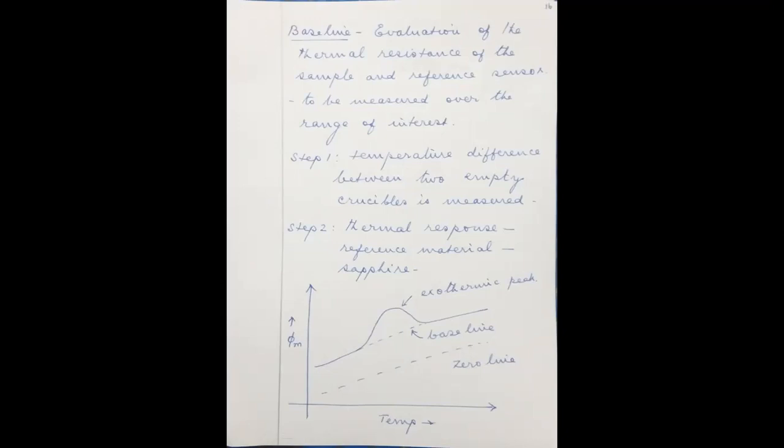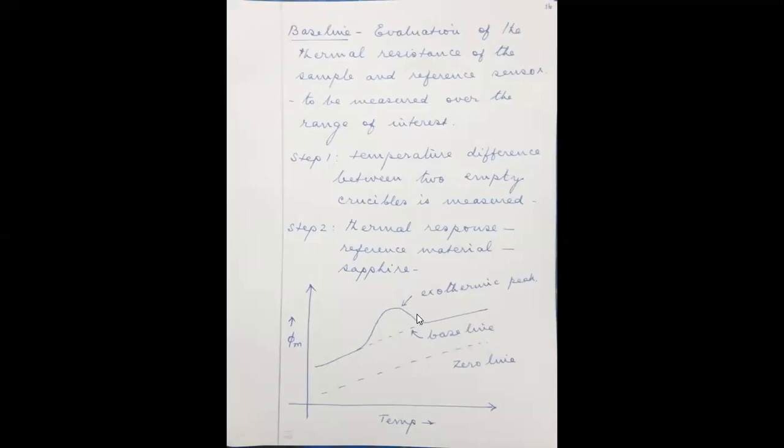So step 1, temperature difference between two empty crucibles is measured. Step 2, the thermal response, the reference material and the substance taken, they are measured. Normally the reference material used is sapphire. So if an exothermic process is taking place in the differential scanning calorimetry, you will get a positive peak.